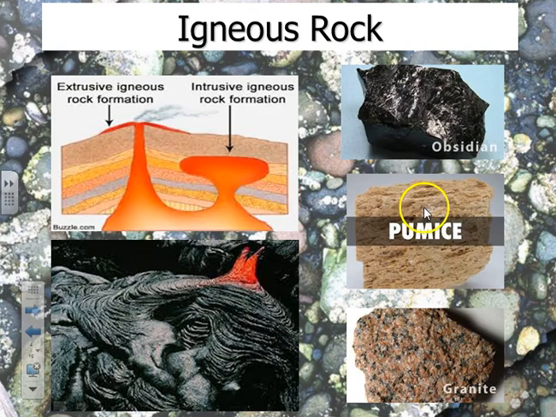And you can use a pumice stone to scrape dead skin cells off your feet or hands. Another type of igneous rock is granite. And then over here, you see the active lava fields in Hawaii. Those are all your igneous rocks, your volcanic rocks.